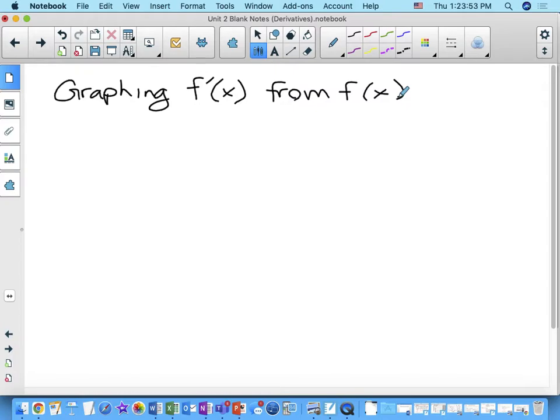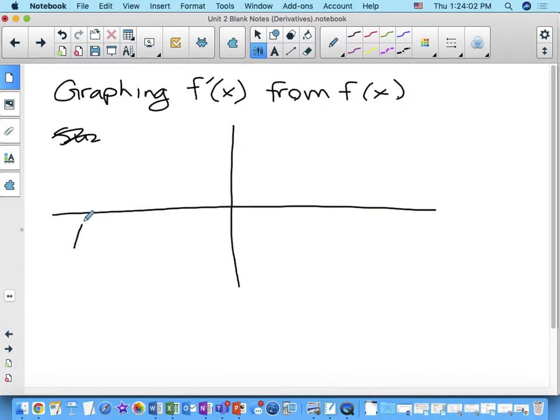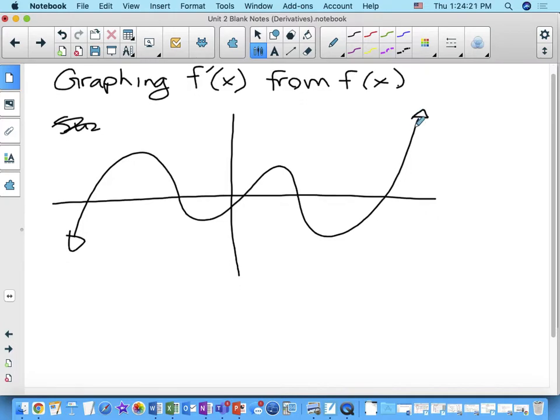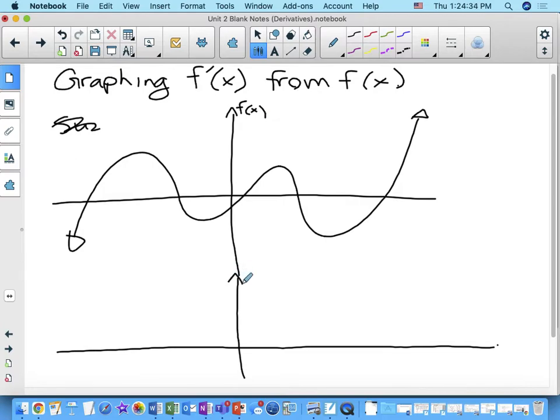Okay. So let's say that this is f of x. And what I'm going to do is, underneath it, approximate f prime of x.